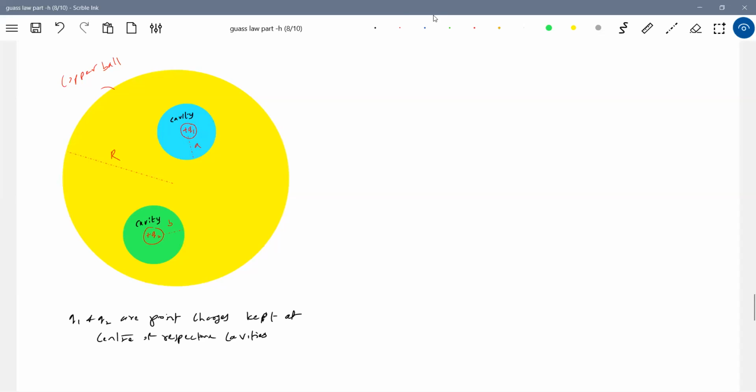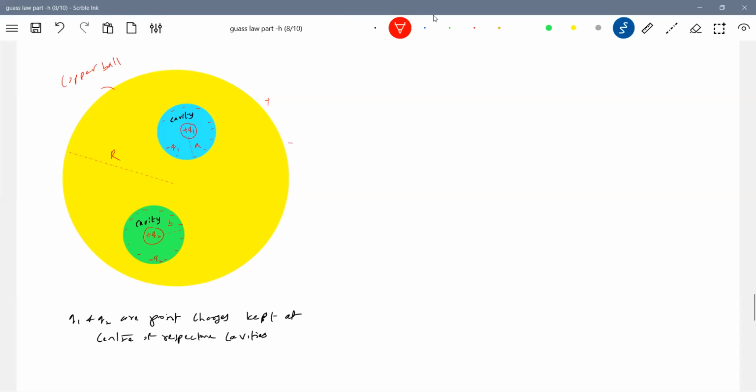Now, what about the charge distribution? The charge distribution, in fact, will take place here. So this will be minus Q1, and here minus Q2, and minus Q1.